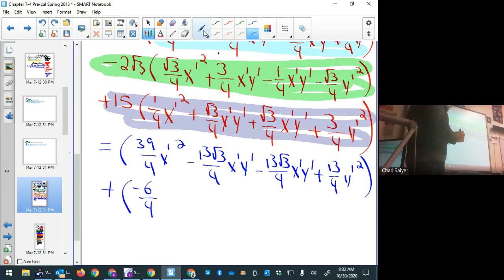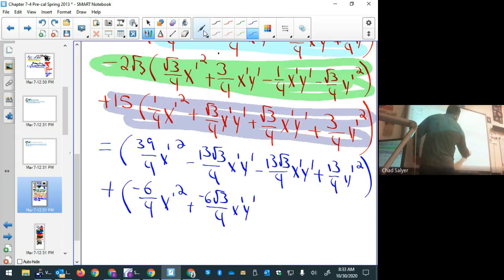Square root of 3 times square root of 3 is 3. 2 times 3 is 6. And then this negative sign is going to get distributed with it. And then plus, so that's minus 6 on the square root of 3/4, that right? Yeah.